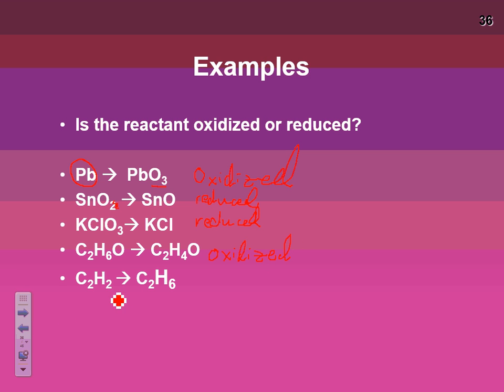Next, C2H4 to C2H6. Now we're gaining hydrogen, plus sign there. Gaining hydrogen, this would be reduced. So that's a good way to talk about it. We're gaining hydrogen here, we're losing hydrogen here, I'll put a little minus sign there. We've lost hydrogen, that's oxidized.